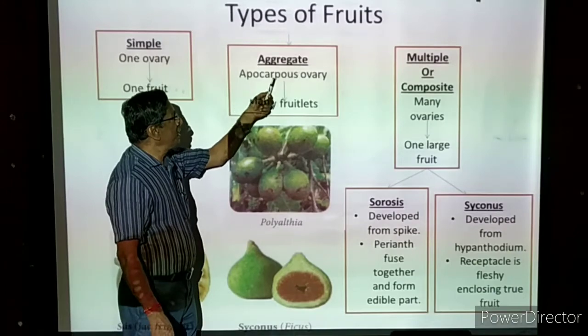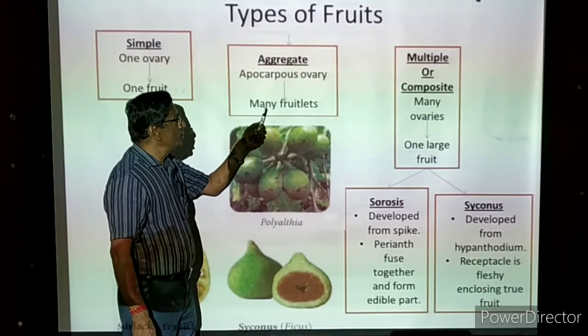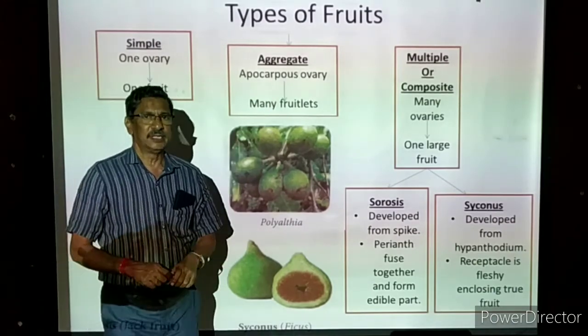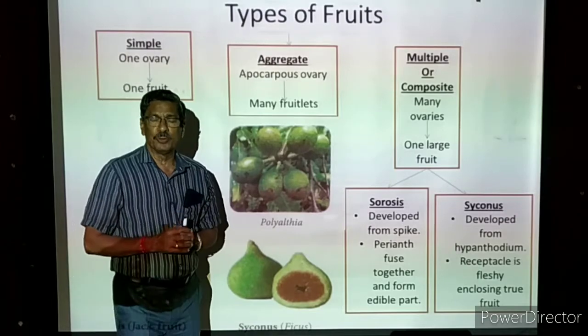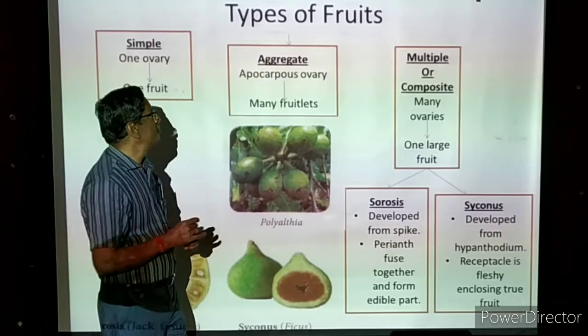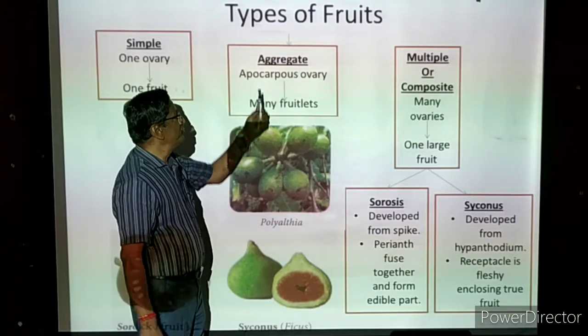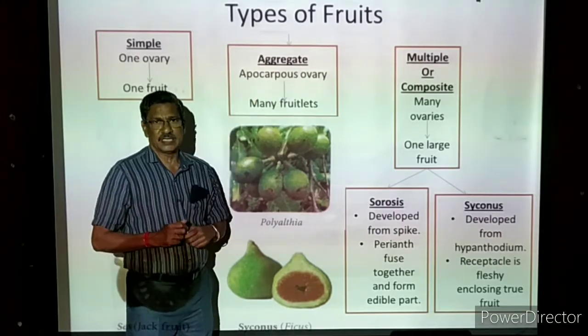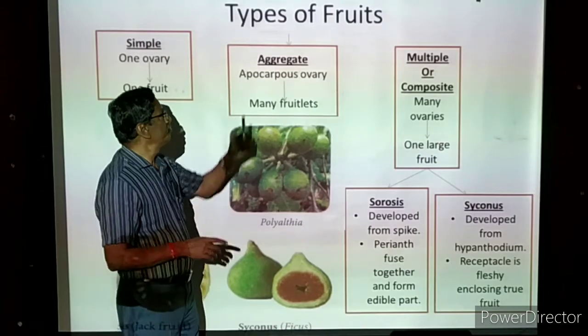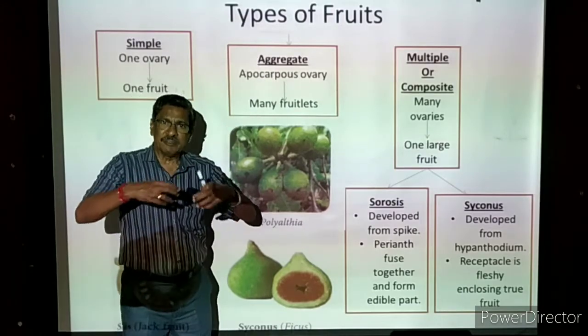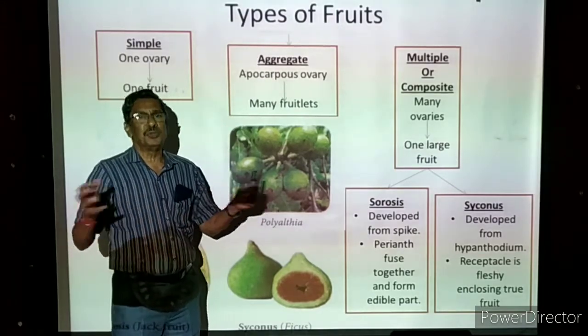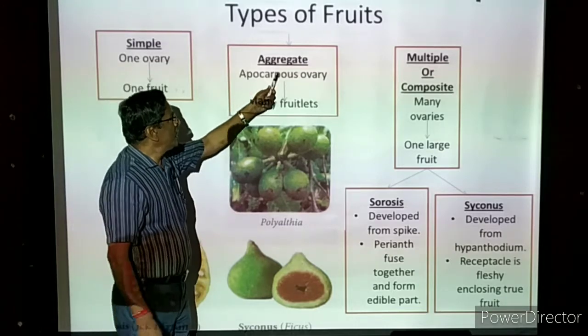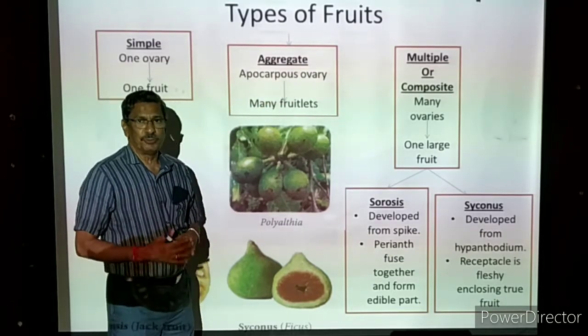Now, the ovary with the free carpels develops into many fruitlets. What are fruitlets? They are not complete fruits, they are portions of the fruit. Now, I will give one explanation for this. In the ovary, imagine that there are 10 carpels. All the 10 carpels are free from each other. They are not fused. Now, that ovary is developing into the fruit.